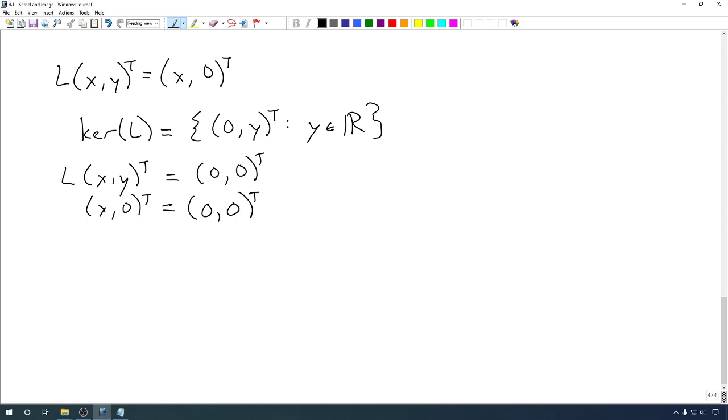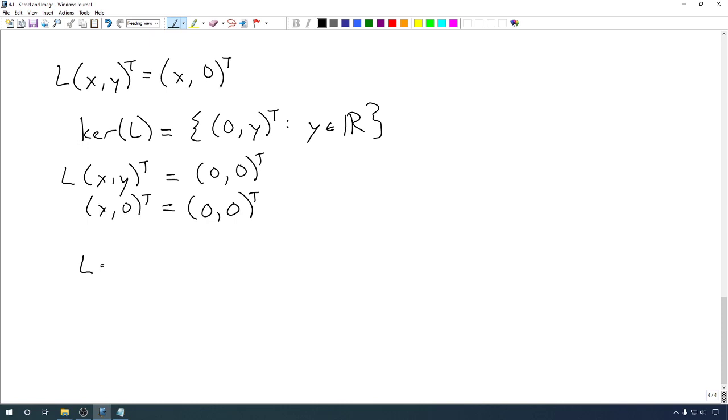Then we'll find that we can use some of the stuff that we've talked about in the last chapter in order to help us solve this question. But for this particular example, it's not too bad. We're allowed to pick whatever we want for x. So the x here can be whatever we want it to be. But the second part of this is always going to be 0 no matter what, just from our definition.